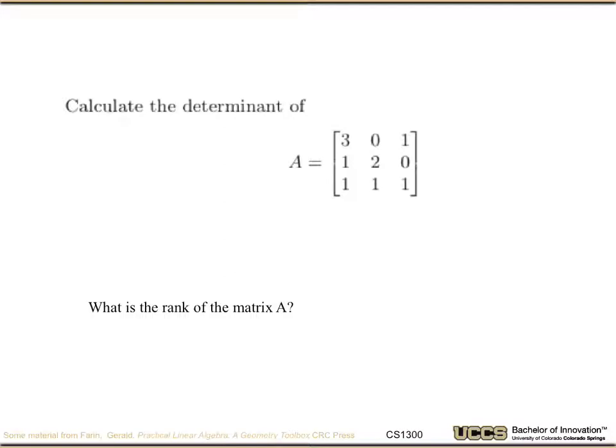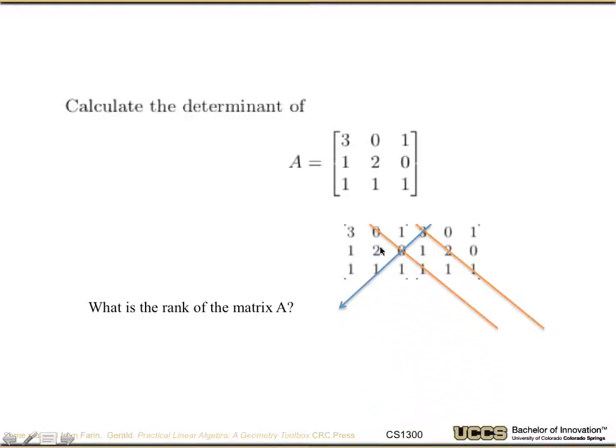Okay, so hopefully the determinant was easy for you. I'm going to write it out here. Again, we just copy the matrix over, and so our determinant is just the first value. Could have done this row as well. 3 times 2 times 1 is 6, minus 3 times 0 times 1, which is 0. Plus 0 times 0 times 1, which is 0, minus 0, 1, 1, which again is 0, plus 1, 1, 1, which is 1, minus 1 times 2 times 1, which is 2.